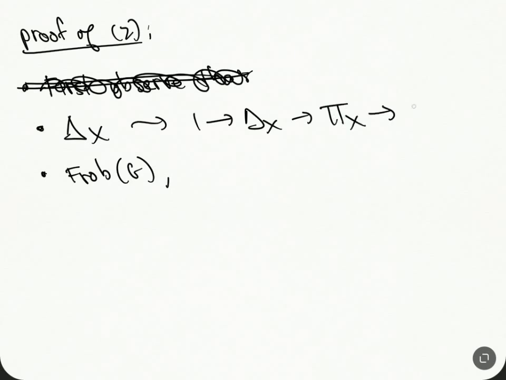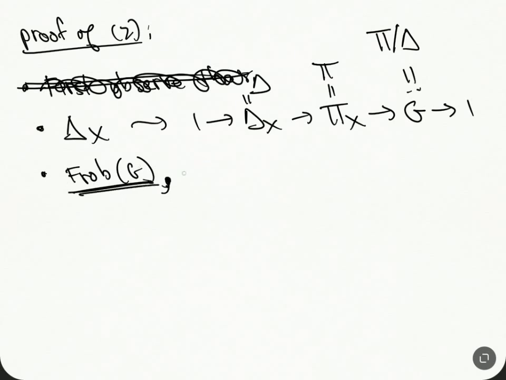This gives us this sequence here, G, and then we define this to be pi mod delta. This is pi, this is delta. Then from what we call local class field theory, we get the Frobenius here, and we get this Frobenius action. So we get Frobenius plus the representation on each part on delta of X. So we get this outer representation.